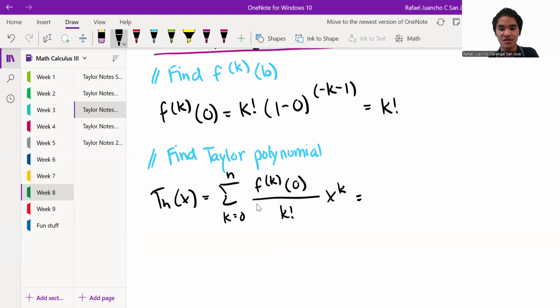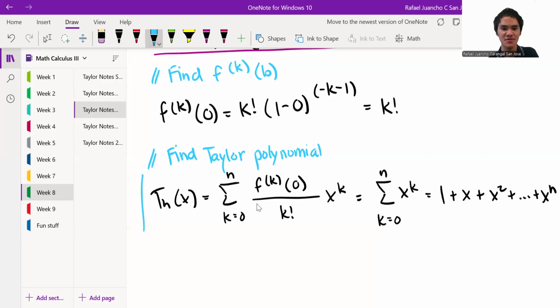And so that's basically, since this is 1, this thing is 1, there we go. Now we have 1 plus x to the first, then x to the second, all the way to x to the nth. So that's the Taylor polynomial.